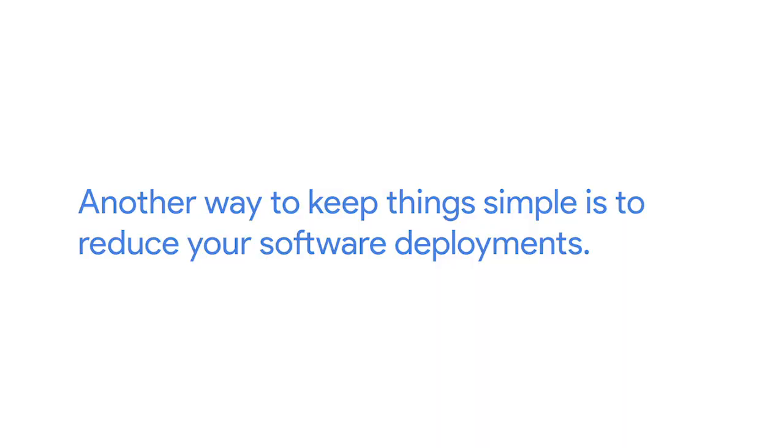Another way to keep things simple is to reduce your software deployments. Instead of having 5 different software solutions to accomplish 5 separate tasks, replace them with one unified solution, if you can. That one solution should require less complex code, which reduces the number of potential vulnerabilities. You should also make sure to disable unnecessary or unused components of software and systems deployed.